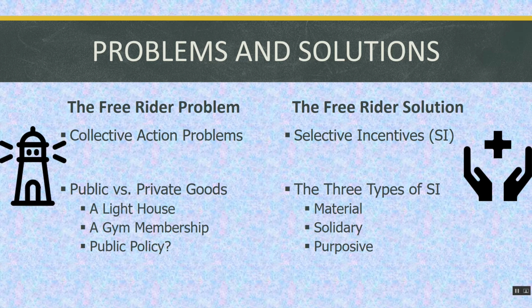The free rider problem is a prominent type of collective action problem that occurs anytime you're trying to provide a public good. A collective action problem, if you do not recall, might be defined as any dilemma that occurs when rational individuals stand to benefit from working together but nevertheless fail to do so.